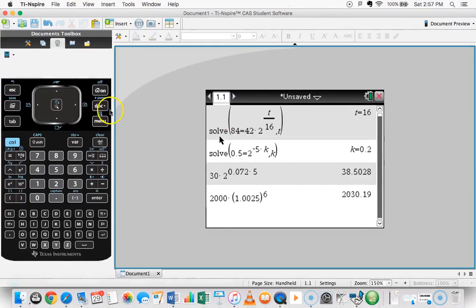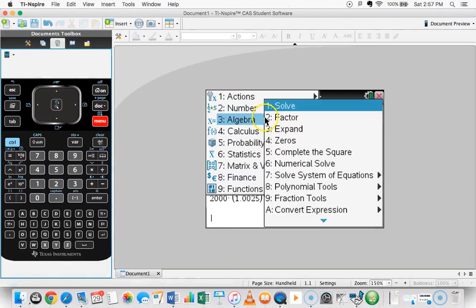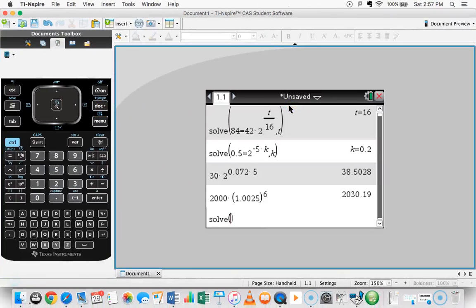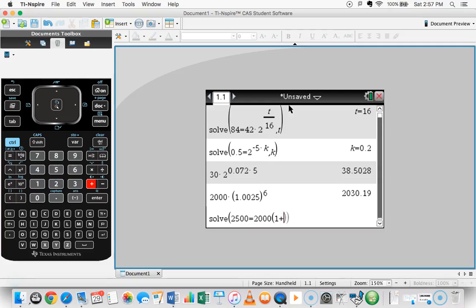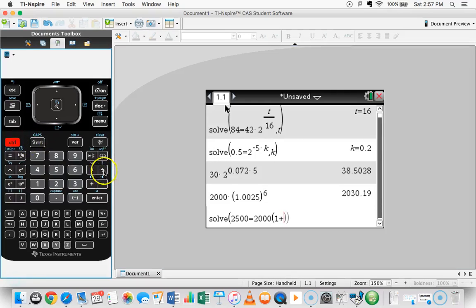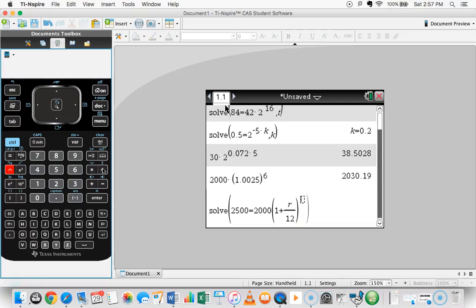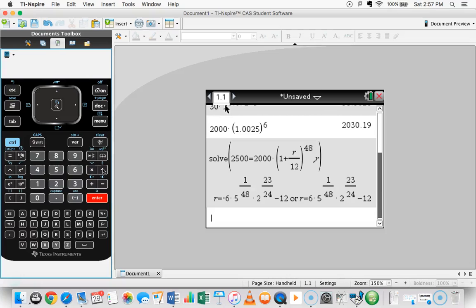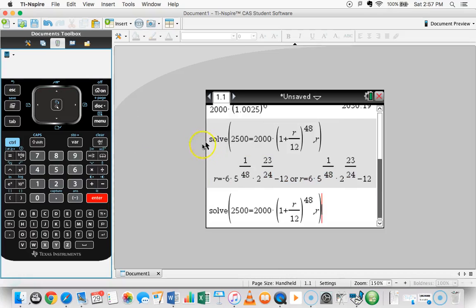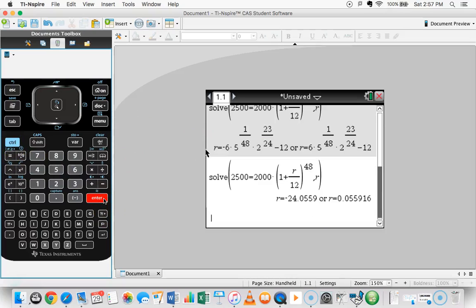So I might do that so you see what happens. I've got an approximate solution. So I get 2 values for r.